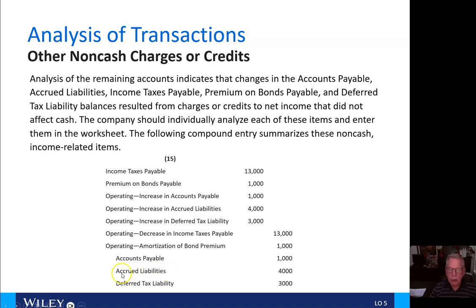And the credit is going to be to accounts payable, accrued liabilities, and deferred tax liabilities. And I did not say here that the decrease in income taxes payable was a credit, as was the amortization of bond premium.